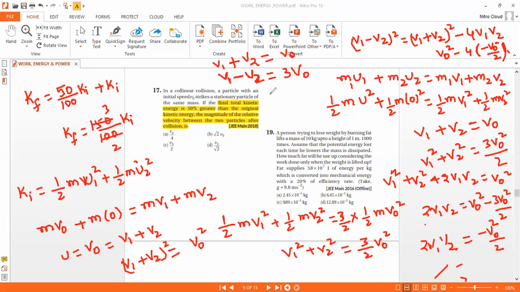So 2v1 is equal to 4v0. We can write v1 minus v2 equal to root 3 v0. v1 minus v2 whole square equal to 3v0 square.